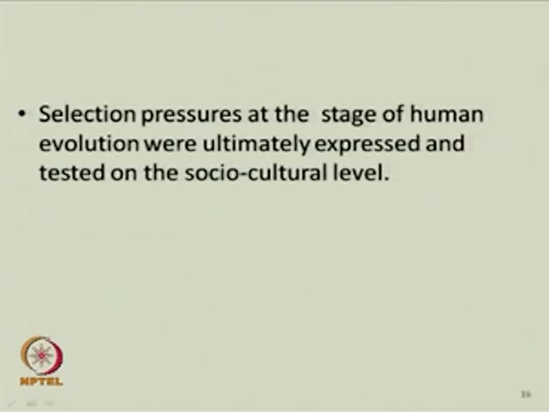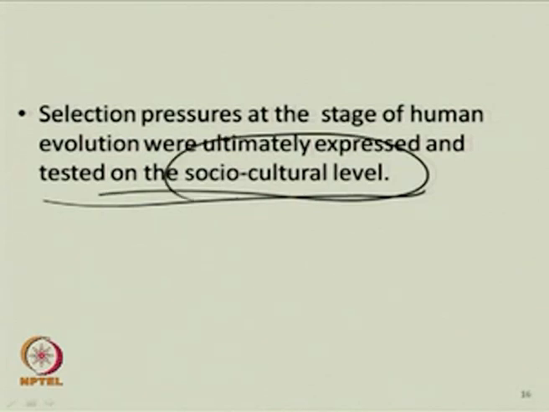Okay. Then selection pressures, as Merlin Donald says, and I'm reading from his text, selection pressures at the stage of human evolution were ultimately expressed and tested on the socio-cultural level. This is why we need to look at the story that I have talked about, the story of the origin of the modern mind, okay? Because in evolution, the changes were physical.